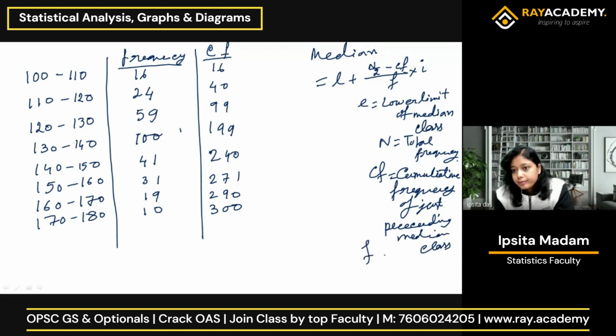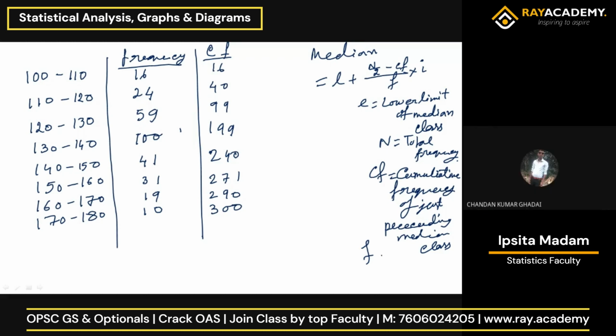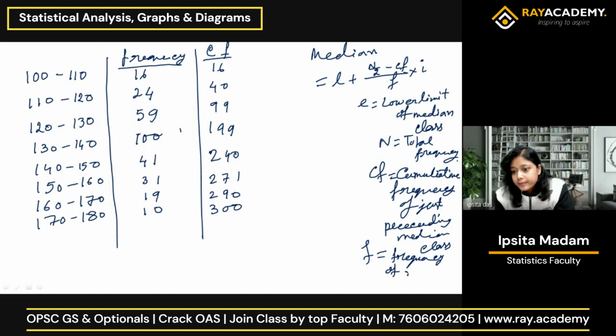And f is the frequency of the median class, the corresponding frequency of the median class, and h represents the class size or class length.